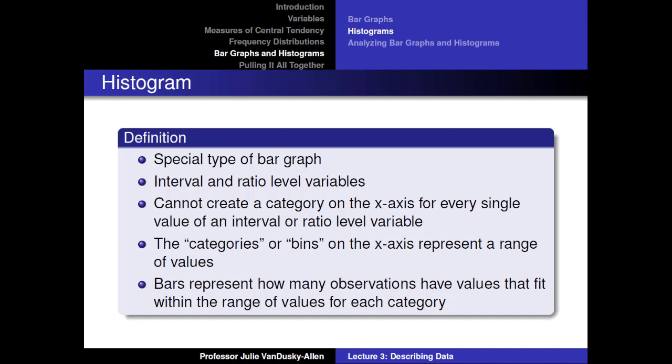With so many categories on the x-axis, the graph wouldn't be visually appealing or informative. So instead, we create categories or bins on the x-axis that represent a range of values for the variable. And then we count to see how many observations have values that fit within the range of those values for each category. Hence, the bars represent the total number of or percentage of observations in the variable that fit within the range of values for each category.